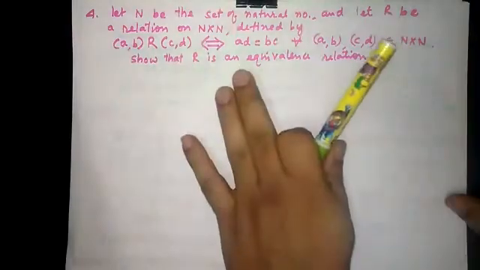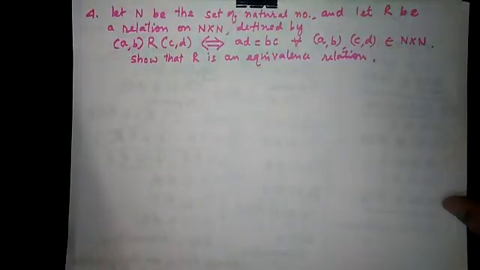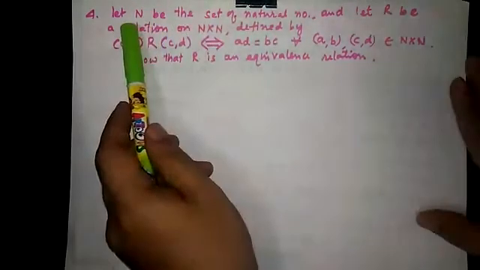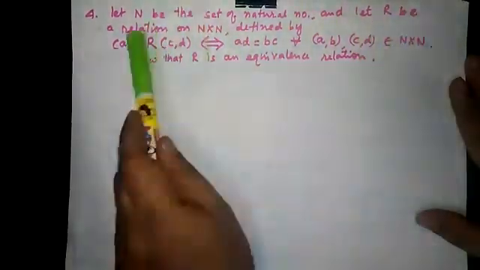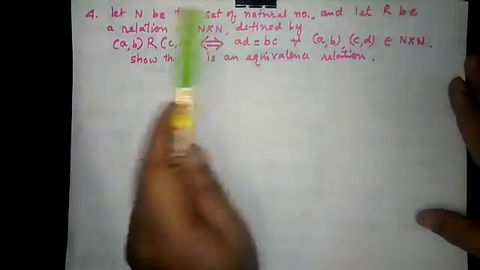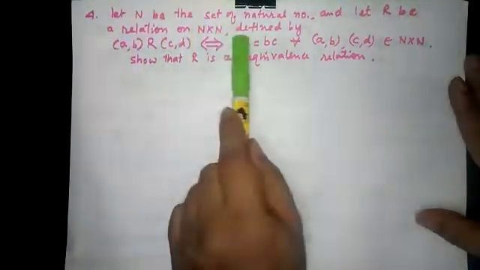Correct? Now this sum is slightly different from the sums which we have been doing. In all those previous sums, you will observe the relation R is defined either on set A, on natural numbers, or on the set of integers.